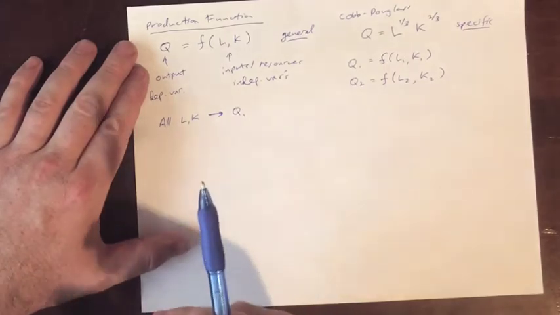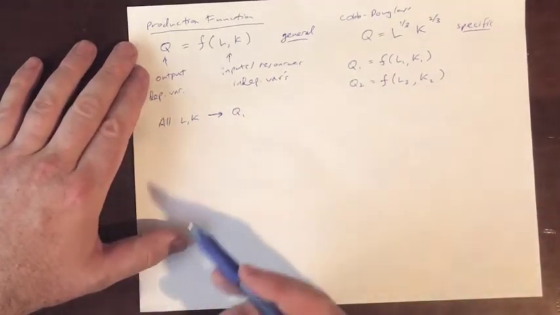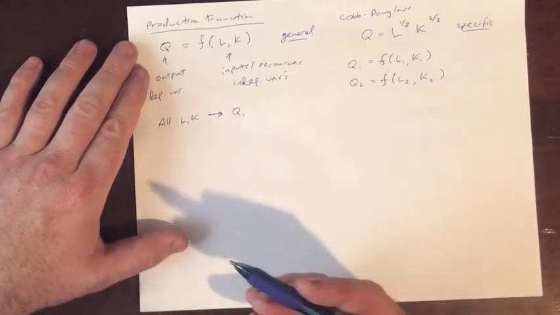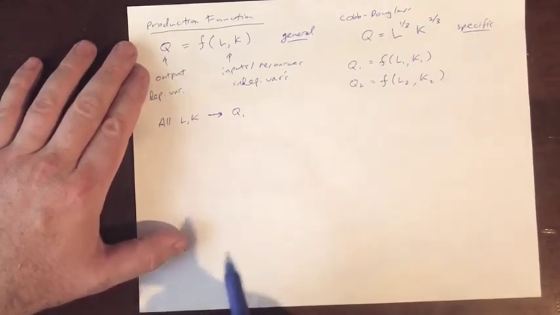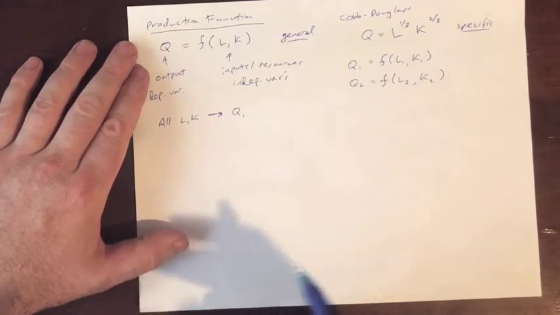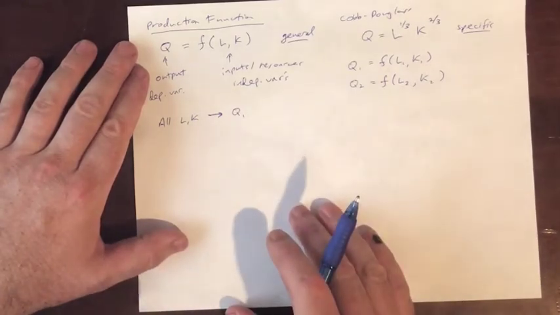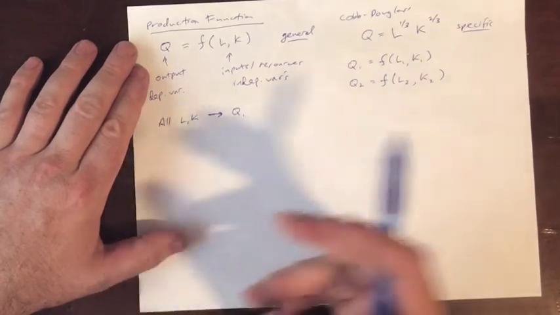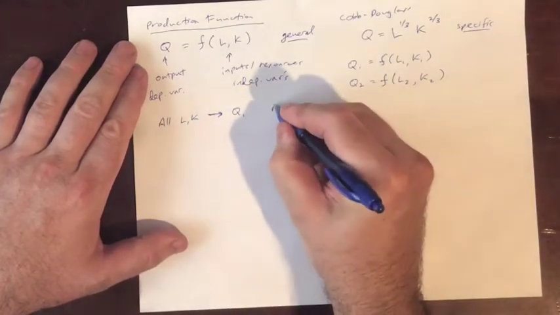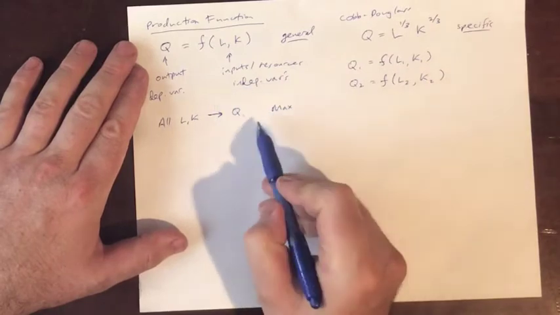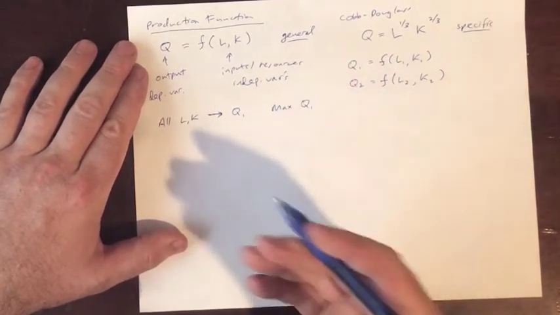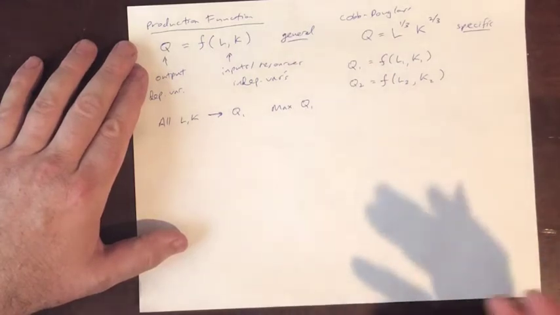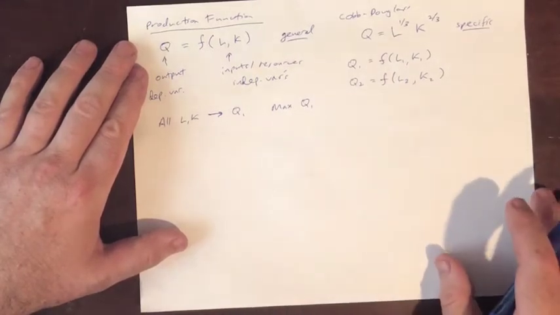If all of our labor and capital goes into that, and everything is being used to its utmost, that is, we're producing in the very best way that we know how, so all of our labor and capital go to producing output good 1, we are going to have a maximum possible Q1 that the society is capable of producing.